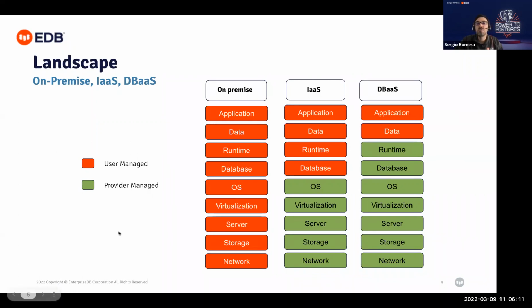But how do they apply to cloud databases, and what makes a database-as-a-service offering? We'll take a look at the main differences between these categories of cloud databases, on-premises, IaaS, and DBaaS, along with the pros and cons of each, to help you decide which is most appropriate for your organization.